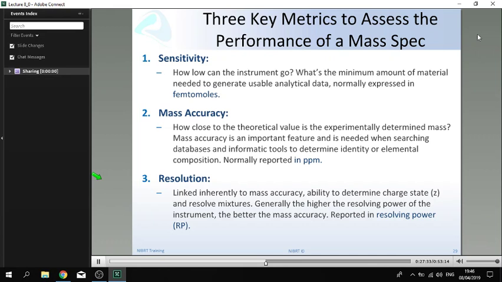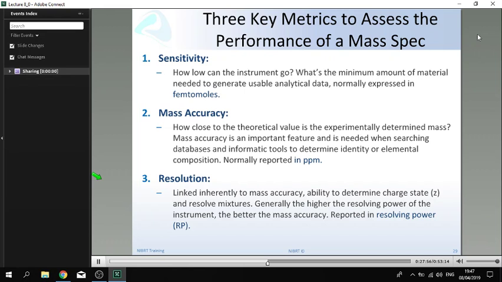Mass accuracy tells us how close the experimentally determined mass is to the theoretical value. We can calculate the theoretical value of our product because we know exactly which atoms are in there, and through the periodic table of elements we can calculate it.